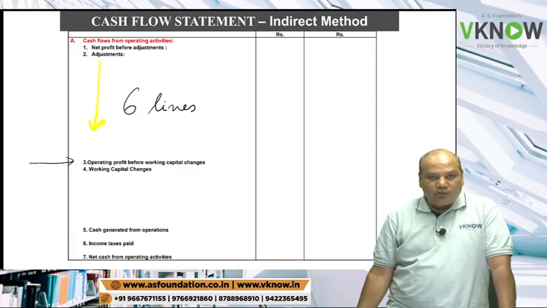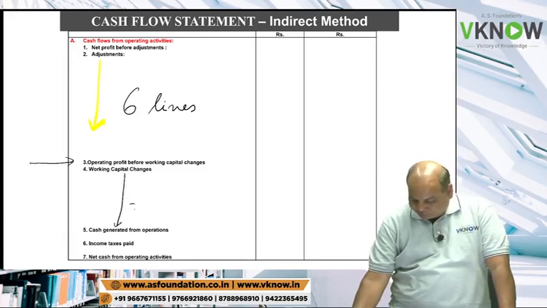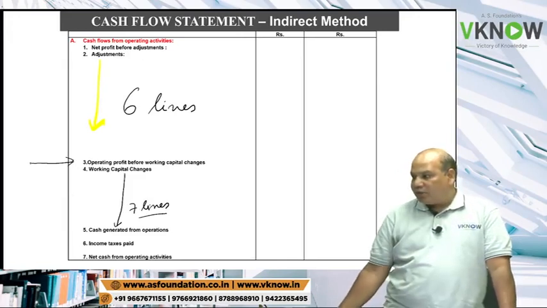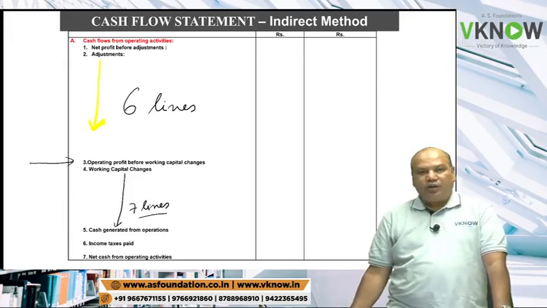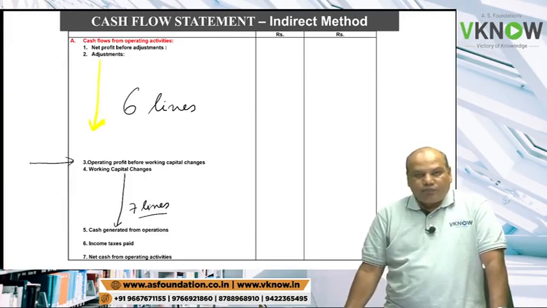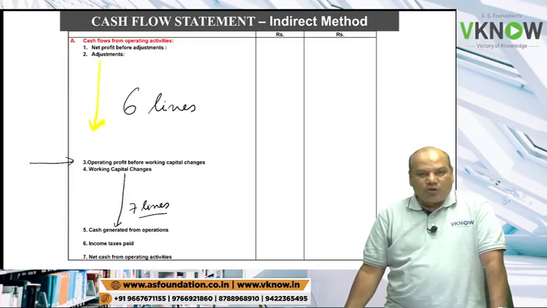One line blank. Point 4, working capital changes. Keep 7 lines blank here. There are many items. Point number 5, cash generated from operations.